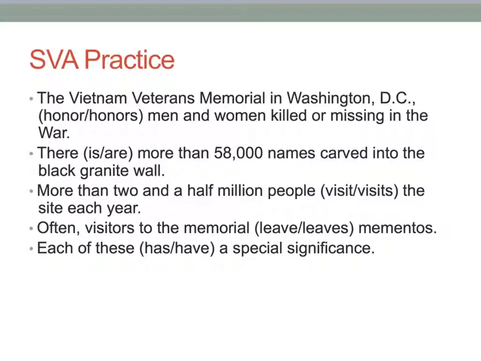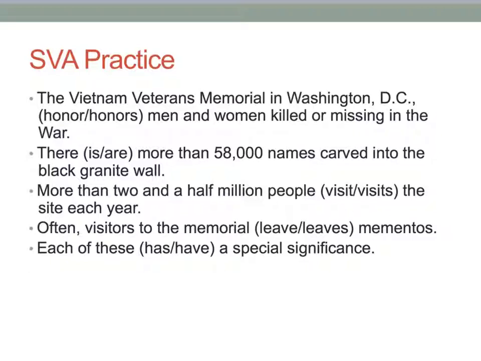Okay, let's do a little practice here with subject-verb agreements. So what we're going to do is not only pick out the right verb here, but also focus on the subjects in the sentence, the verbs, so we make sure that we have the correct subject-verb agreement.